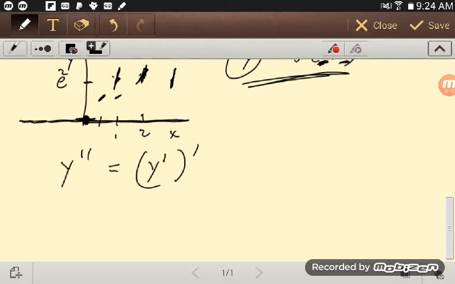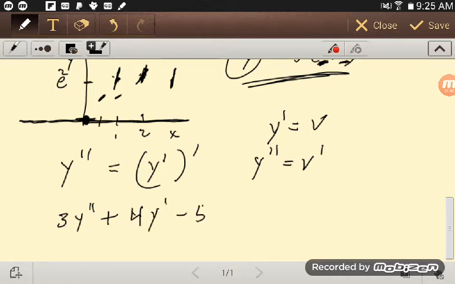And I could always rename those if I wanted to, right? I could say, instead of y prime, let's call y prime v. And that means that y double prime, simply by substituting in here, is v prime. I all of a sudden could make that substitution if I had something like 3y double prime plus 4y prime minus 5y equals x squared.